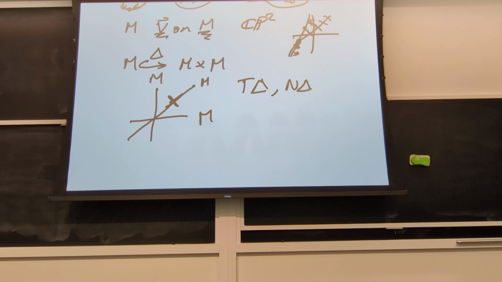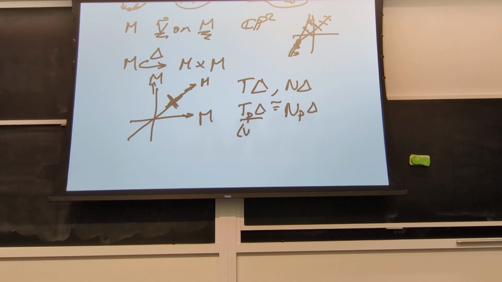And I claim that at every point P, T_P delta, the vector space tangent to this submanifold, is isomorphic to N_P delta, the normal component. And the way this isomorphism works is T_P delta essentially corresponds to all vectors which have the same component in the horizontal and vertical directions.